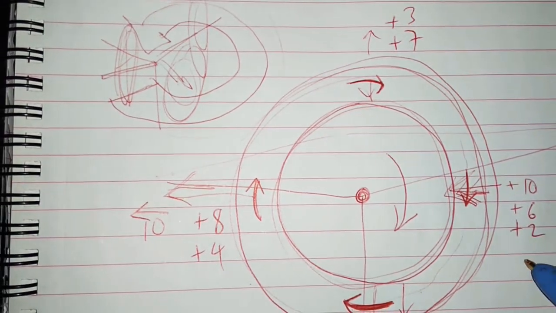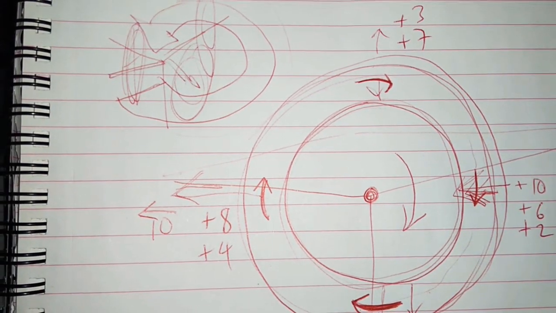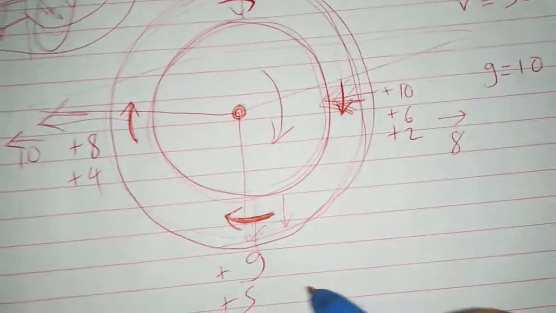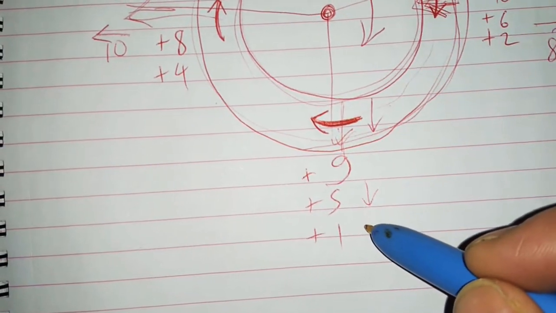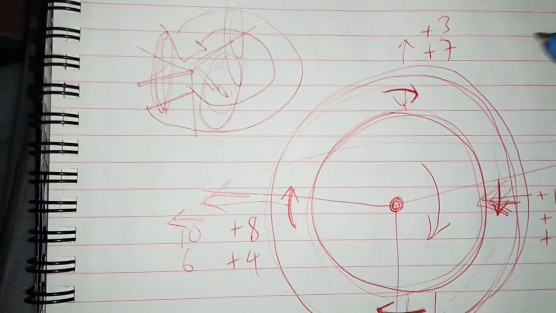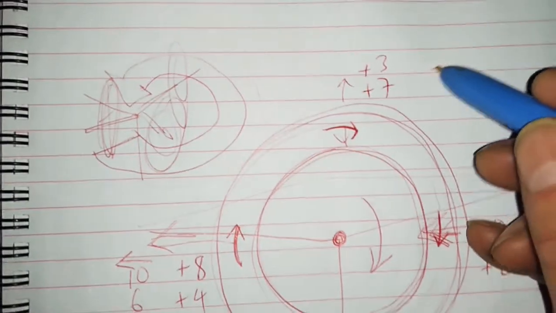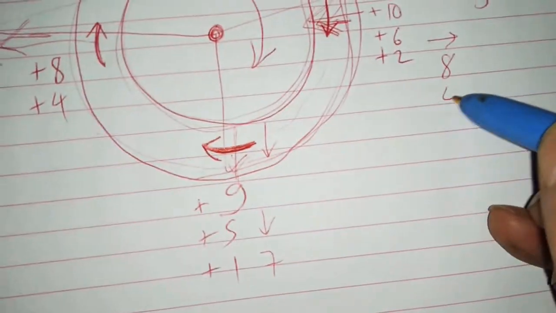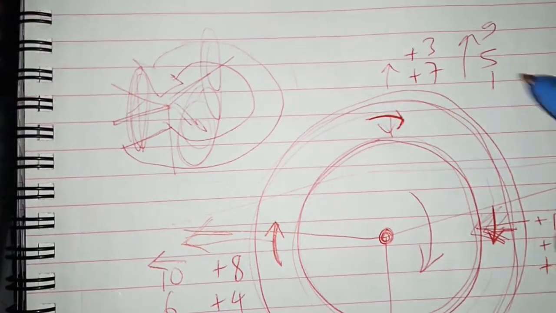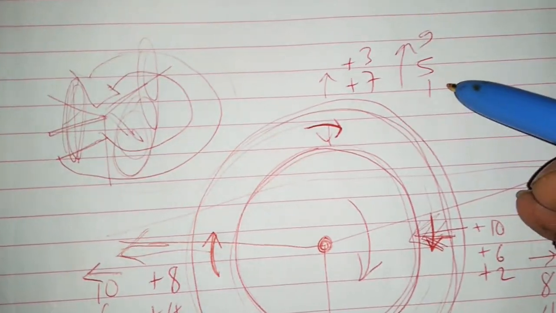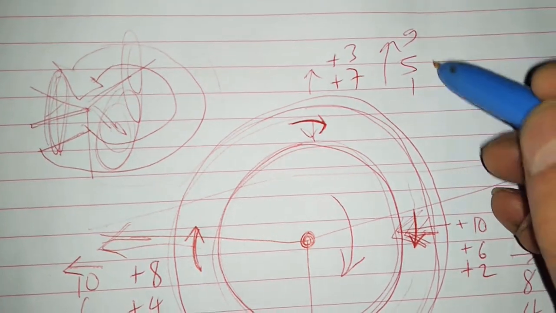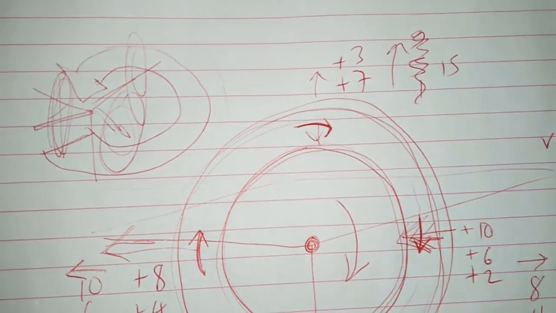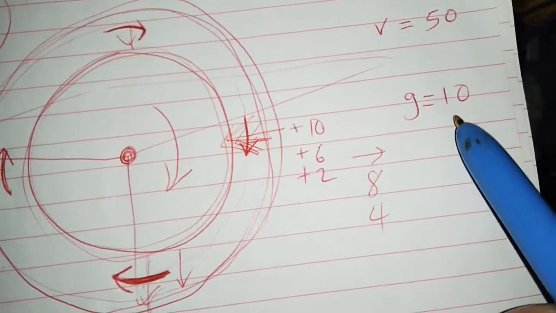It's going to give us 8 in this direction, by which time 7, 6, again 5 lifting it, 4, 3, 2, and a 1. Okay, so we're going to have a lifting effect of 15 here. How much is gravity? 10.